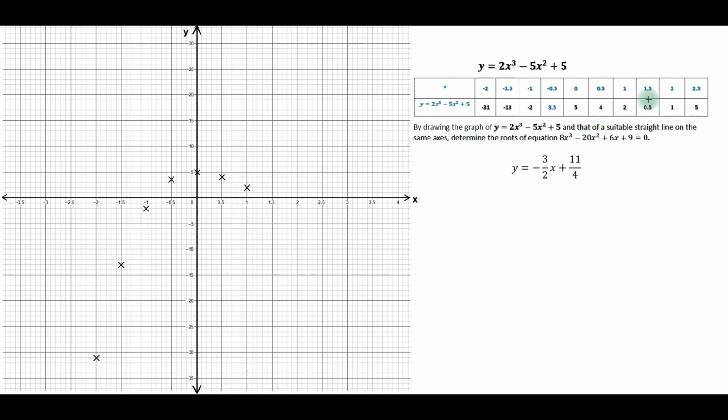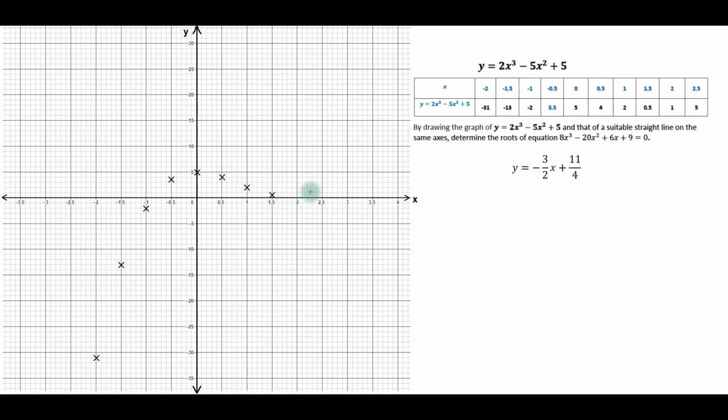When x is 1.5, y is 0.5, so in between 0 and 1. So that's the point. I'm very sorry. When x is actually 1.5, y is 0.5 positive, so it's in between there.